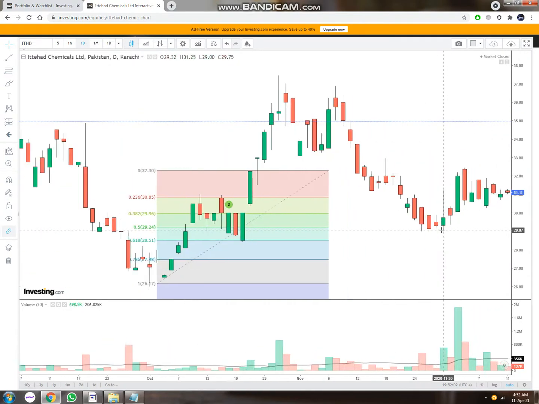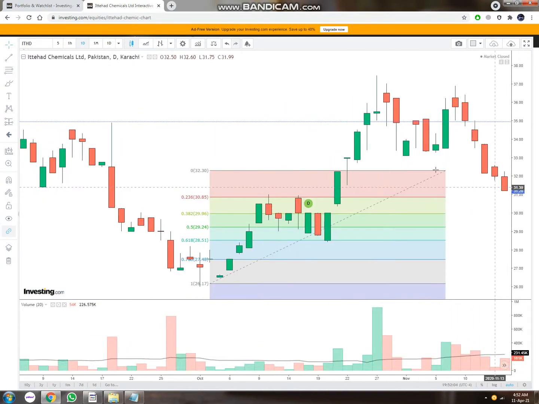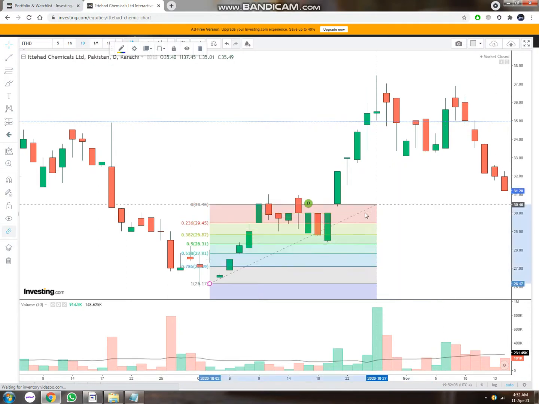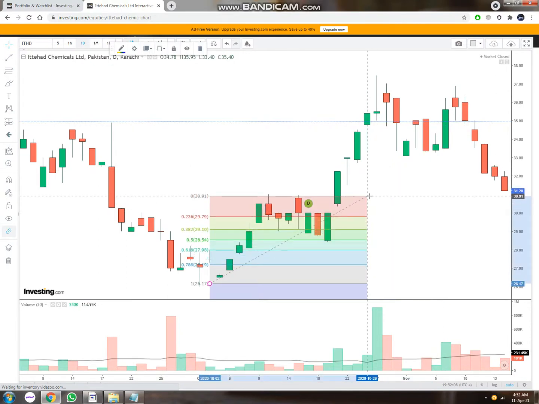This is used mainly in the pullbacks, not for a general or normal trend. Now you can see I pointed out this area. Out of these percentages, whatever percentage it reached and then came to that point, and from that point it reversed, that is the entry point for the pullback. You can see that the entry point for this trend is 50%.